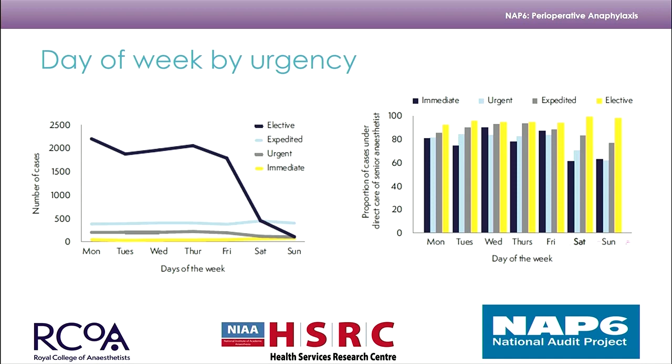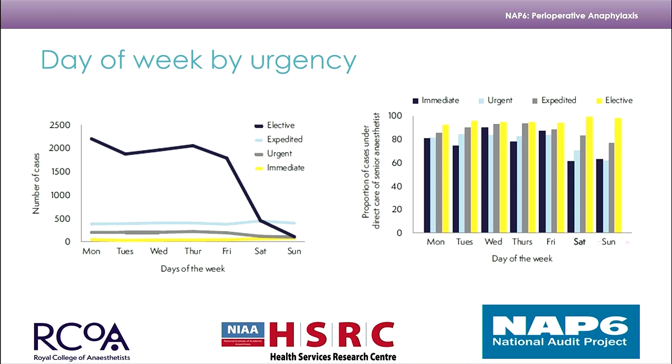These two charts illustrate how frequently we are operating on different days of the week, and it is broken down by NCEPOD classification of urgency. So on the line chart, you can see that this dark line represents elective workload, and that the majority of elective cases are done during the working week from Monday to Friday, with Monday and Thursday being the busiest elective days.